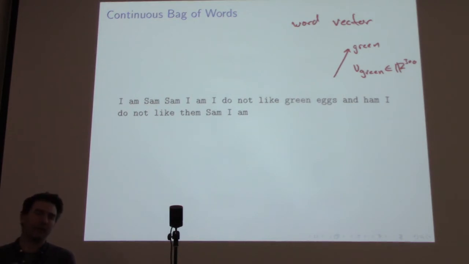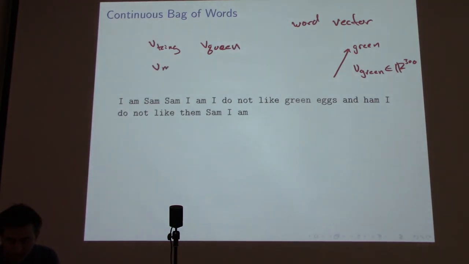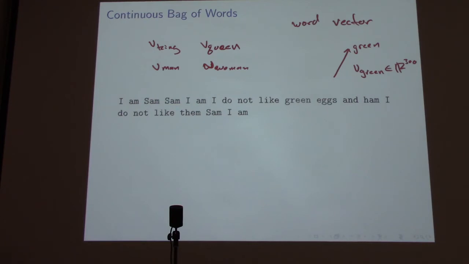And there are other things too. If you look at four vectors, the king, the queen, the man, and the woman, and I do some vector operations, v king minus v queen plus v man, it's going to come close to the vector for woman.